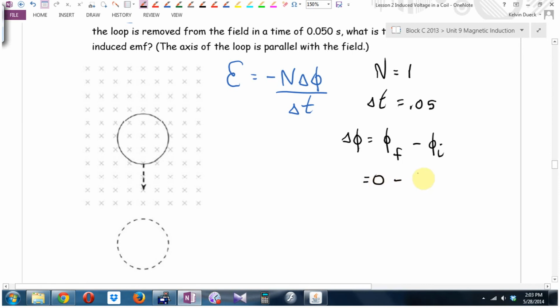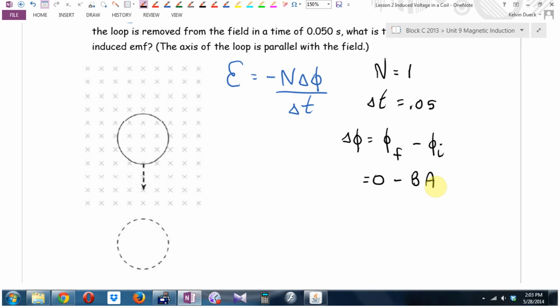Well, I said flux was magnetic field times area. Sometimes they'll give you the area, or sometimes they'll tell you the shape and give you enough information to find the area. In this case, they've given me the shape, a circle, and the radius.